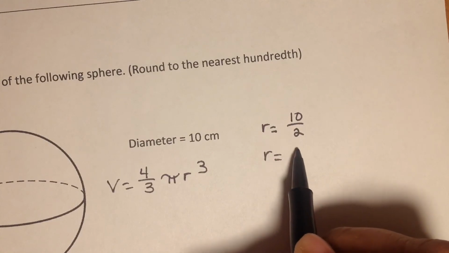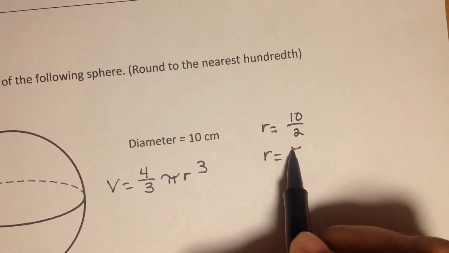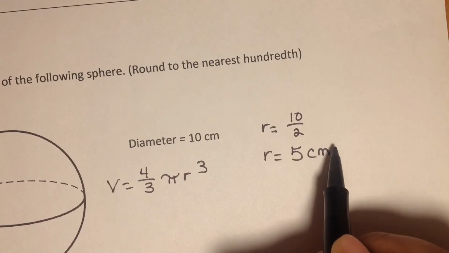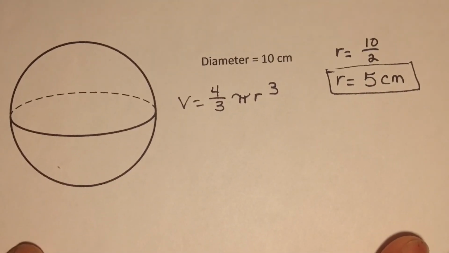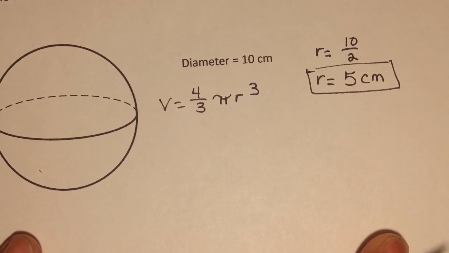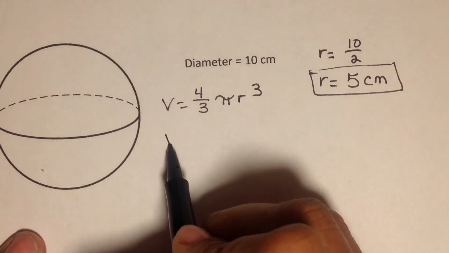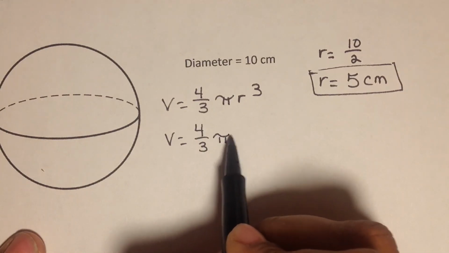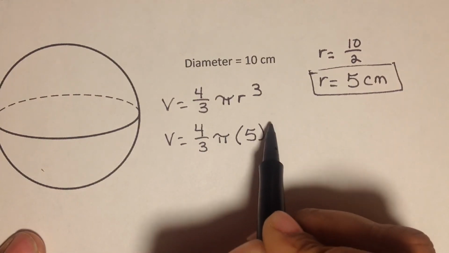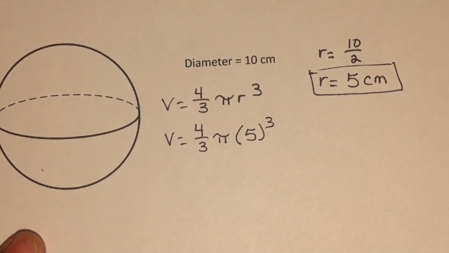So my radius is what? Yes, 5 centimeters. Okay? And plug that in, plug in my calculator, and I am done. So, volume is equal to 4/3 times pi times 5 cubed. Right? So I'm going to plug it in my calculator.